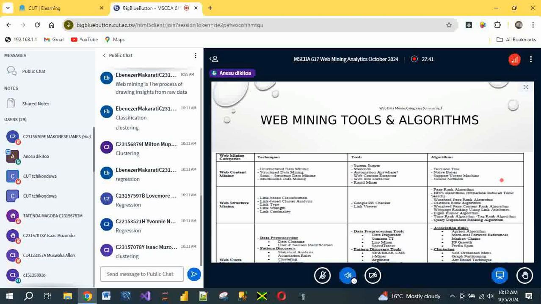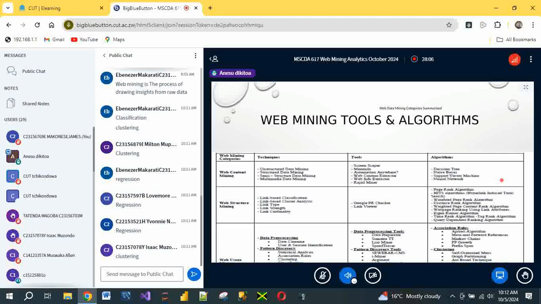There is also web structure mining. Under web structure mining, we have the link viewer and the Google PageRank checker. And those are the algorithms, you can see them: page rank algorithm, distance rank algorithm, weighted page rank algorithm. This is also very, very important. I think you see the importance of this as we do our practicals.